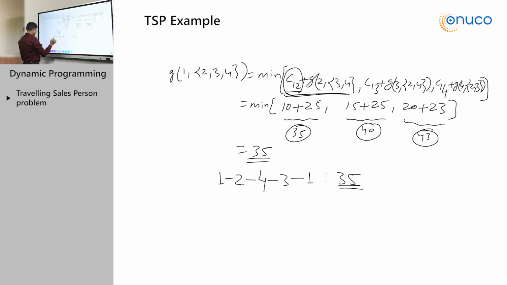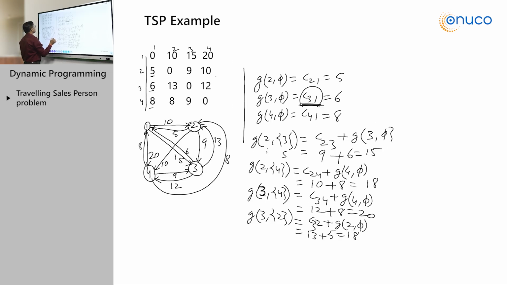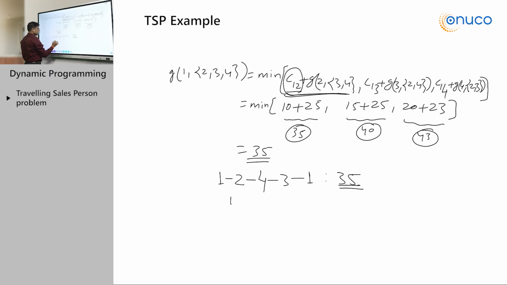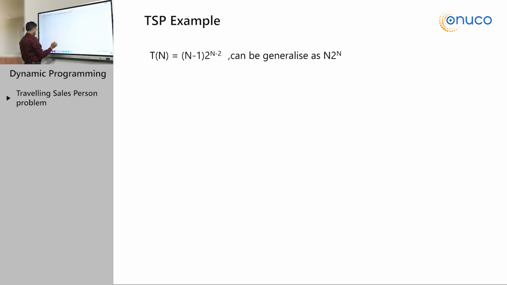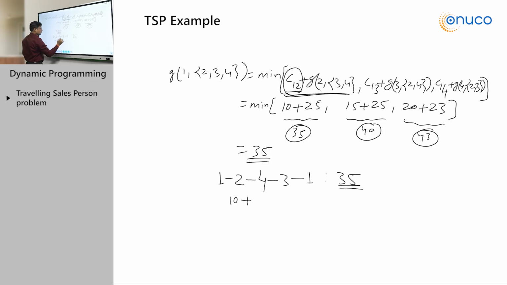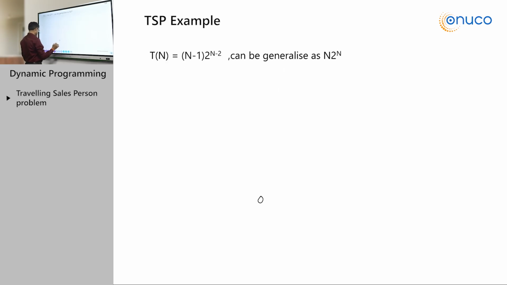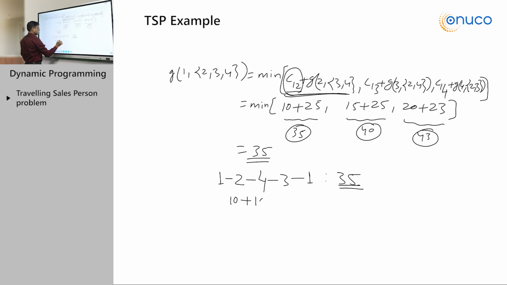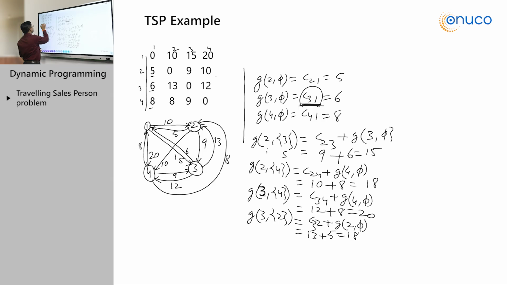Let us see that. As per the diagram, 1 to 2 is 10 units. 2 to 4 is 10. Plus 4 to 3 is 9.